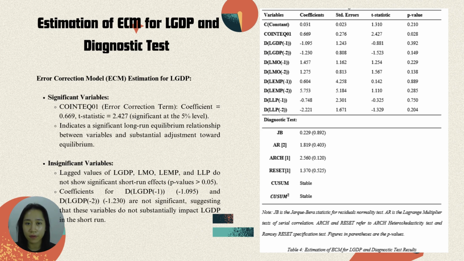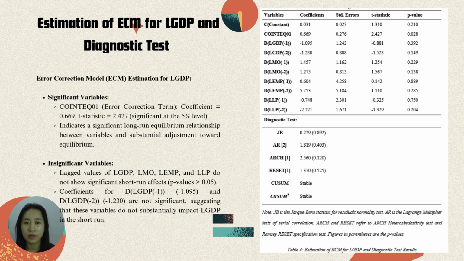This is the result of the error correction model, ECM, estimation of LGDP and the diagnostic tests. The cointegration 01 variable representing the error correction term is statistically significant with a coefficient of 0.669 and a t-statistic of 2.427. This suggests a strong long-run equilibrium relationship between the variables.